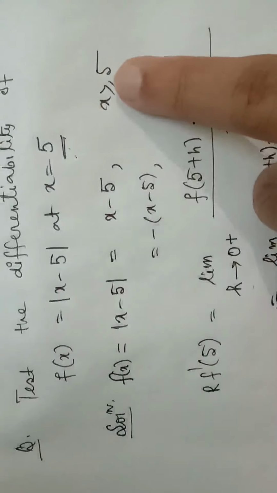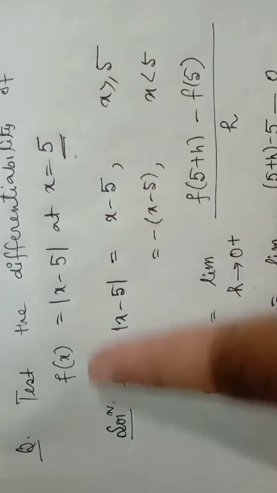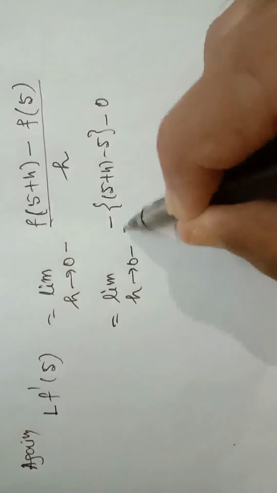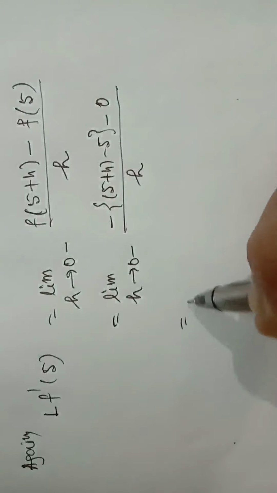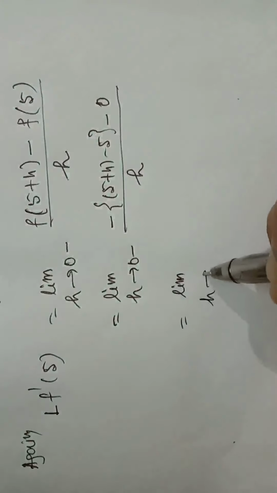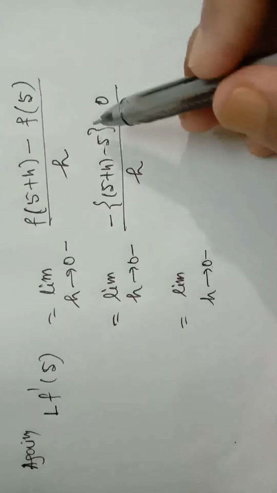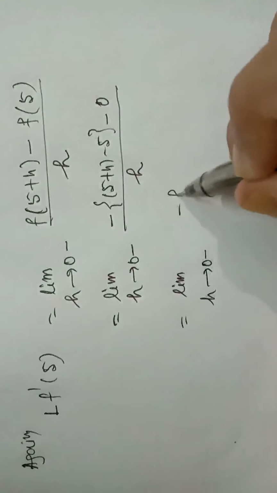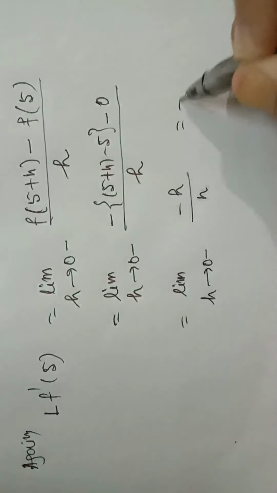f of 5, you can see the equal to sign is here. f of 5 will be 5 minus 5, so it will be 0, divided by h. So limit h tends to 0 minus, considering 5, it will be minus of h by h, which is equal to minus 1.